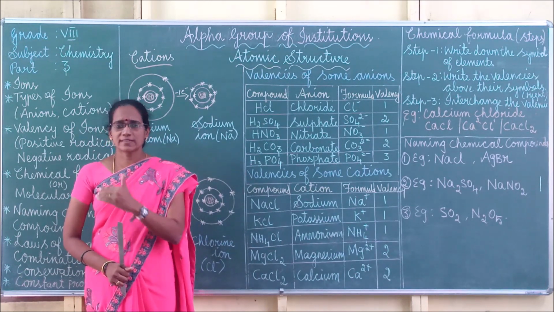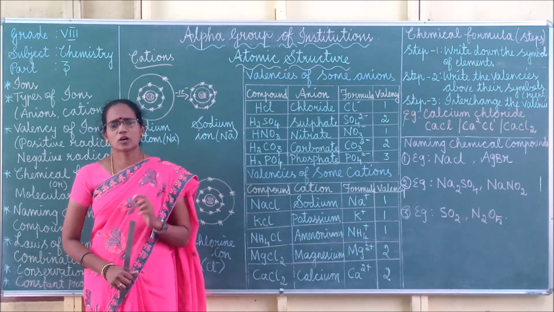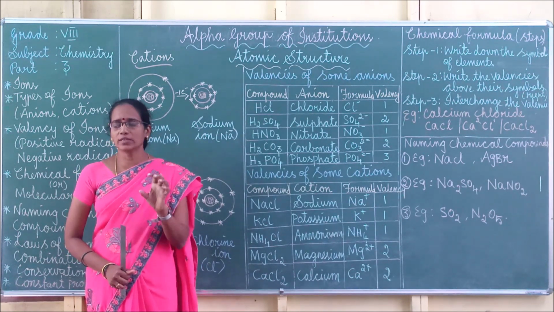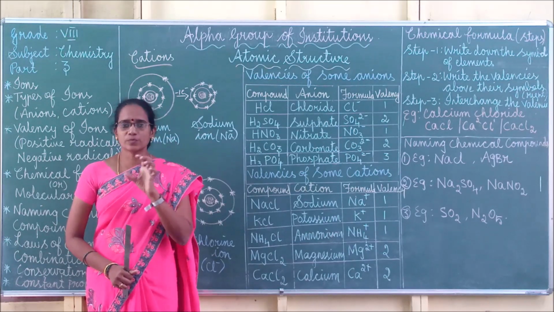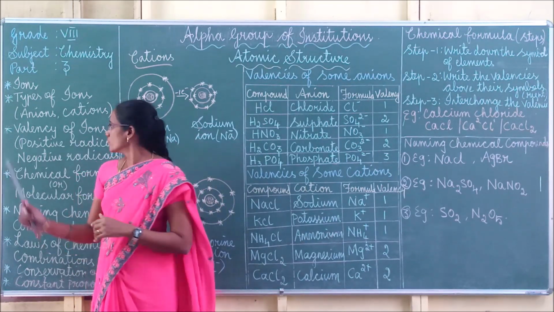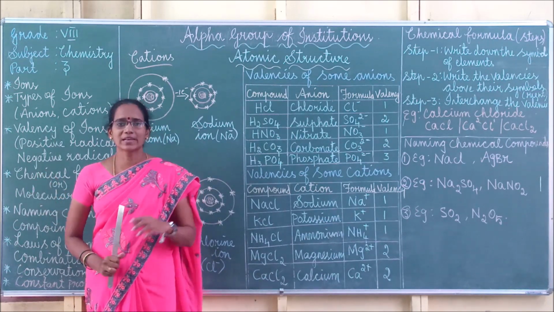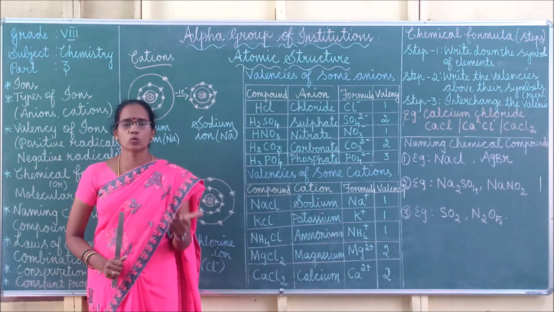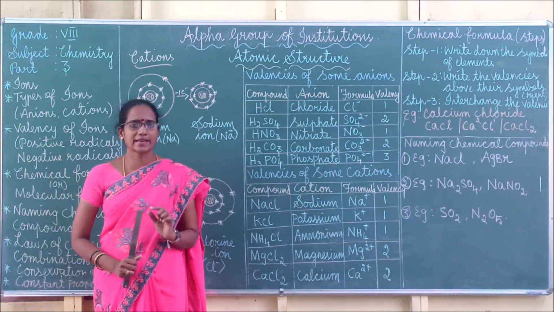Both anions as well as cations we are going to discuss now. First of all, you should know the difference between monovalent ion and divalent ion. I told you, valency of ions can be classified into various types: monovalent, divalent, trivalent, like that.